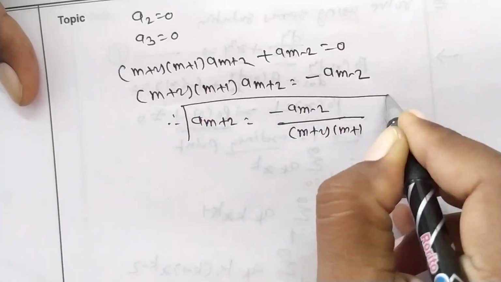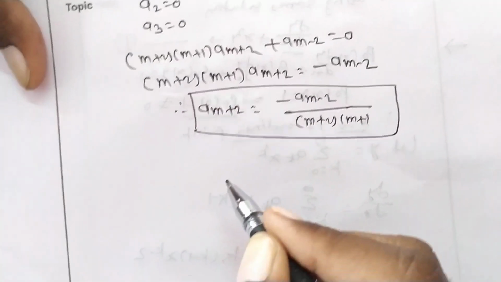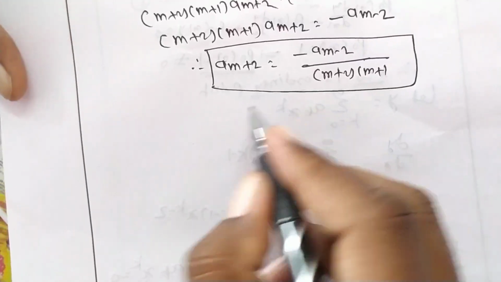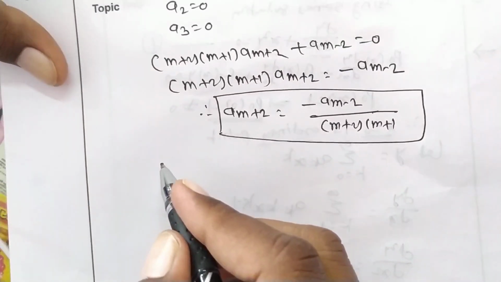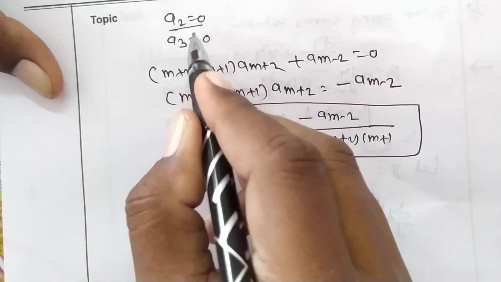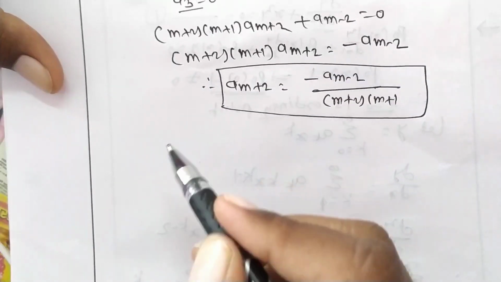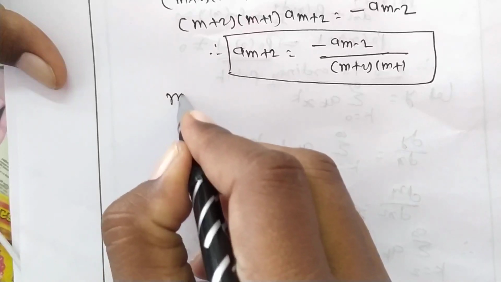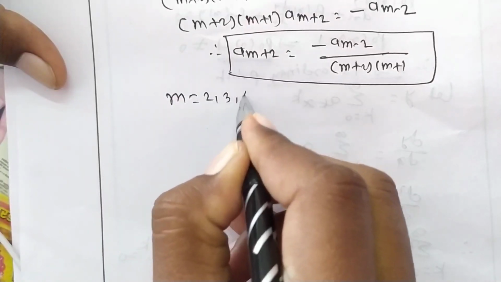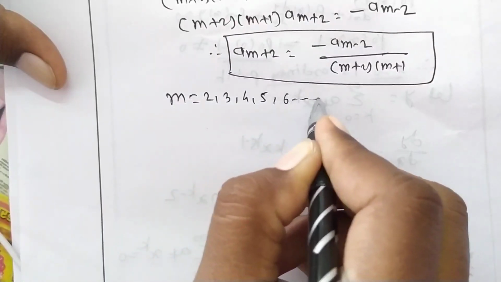So this is the recurrence relation of the given linear differential equation. Now in this relation we already found a2 and a3. So now we want a4, a5, a6. For that we have to put m equal to 2, 3, 4, 5, 6 and so on.